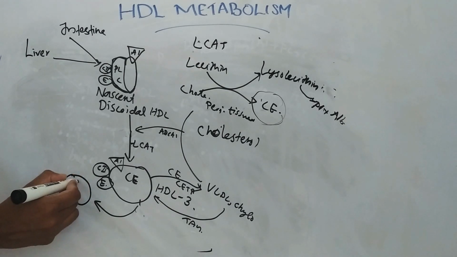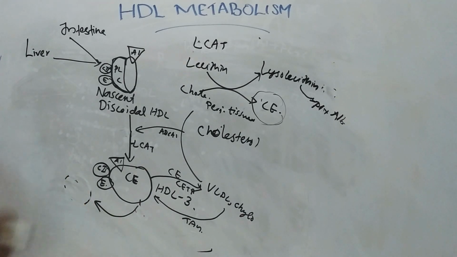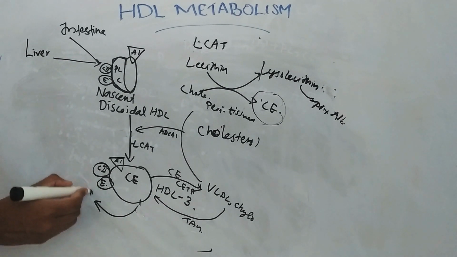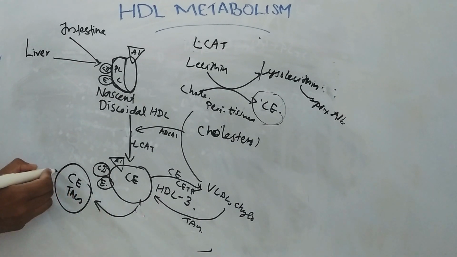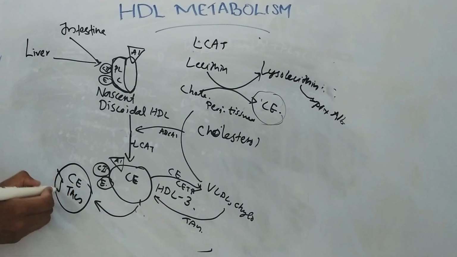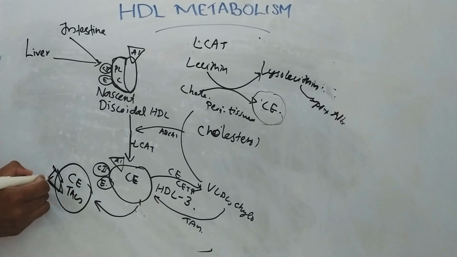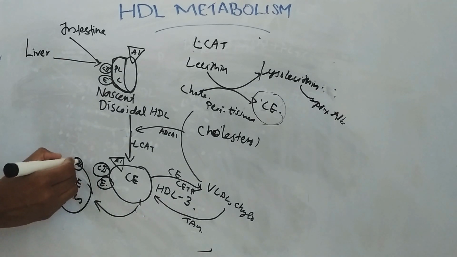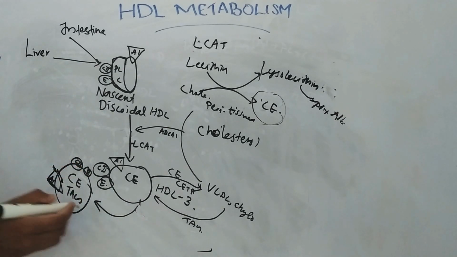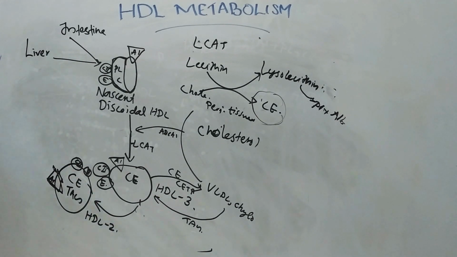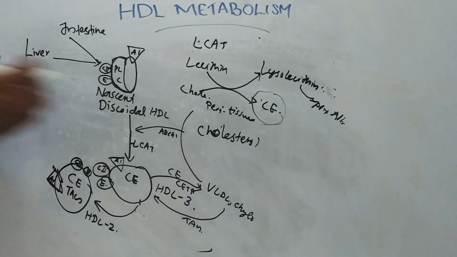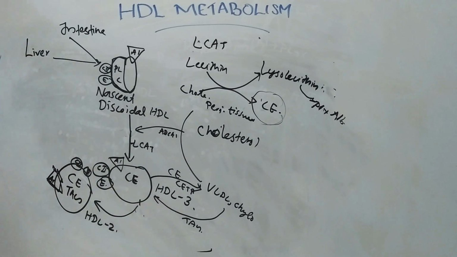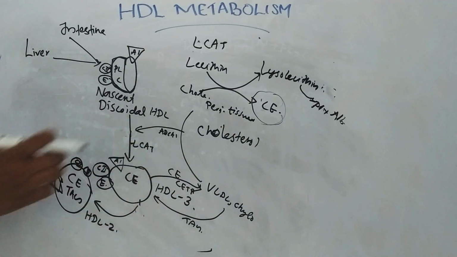It will become bigger than HDL3, containing cholesterol esters, triacylglycerol, A1, C2 and E. This HDL2 is larger in size and less dense than HDL3.